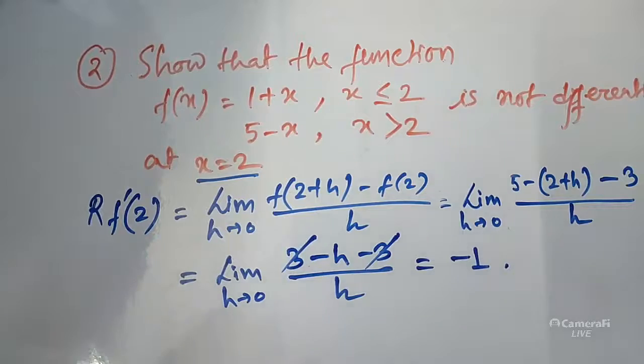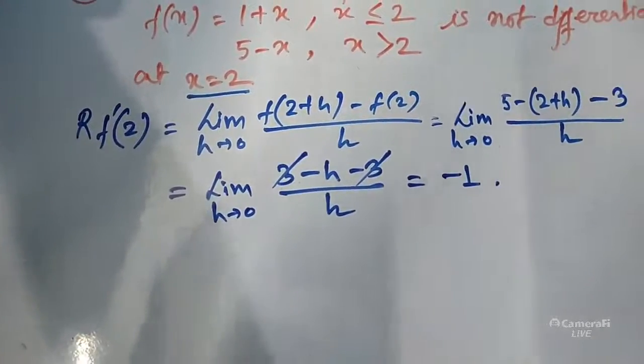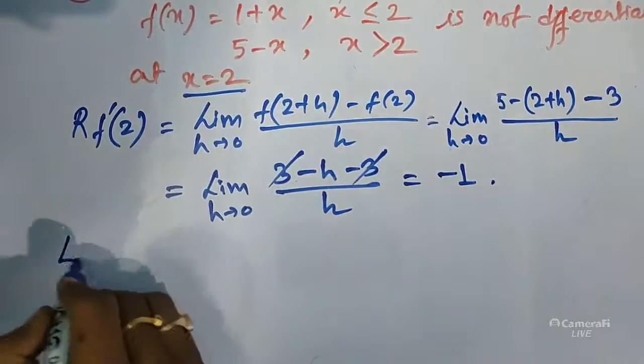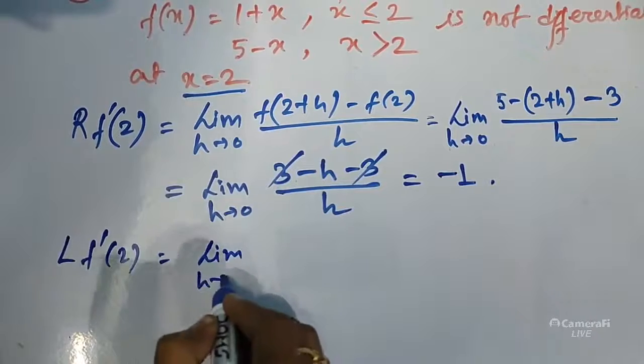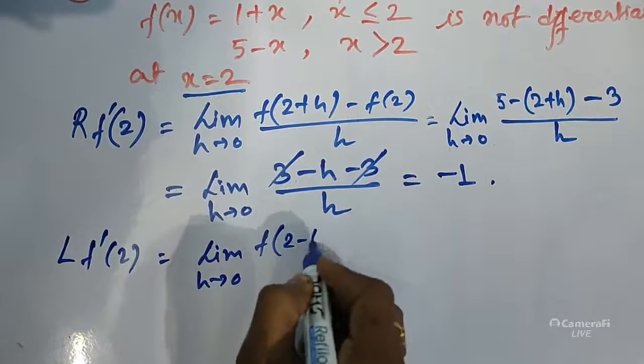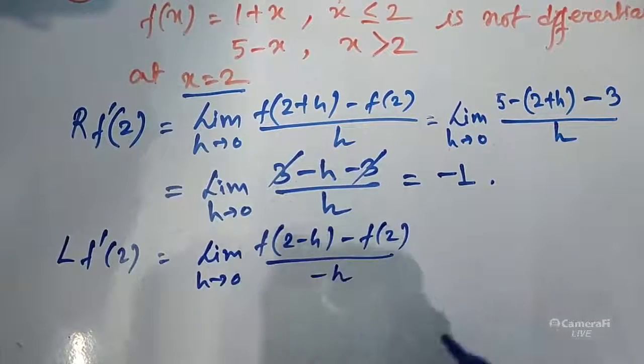Now what do we have to find? Next we have to find the left hand derivative. Lf dash 2 equals limit h tends to 0 of f of 2 minus h minus f of 2 divided by minus h.